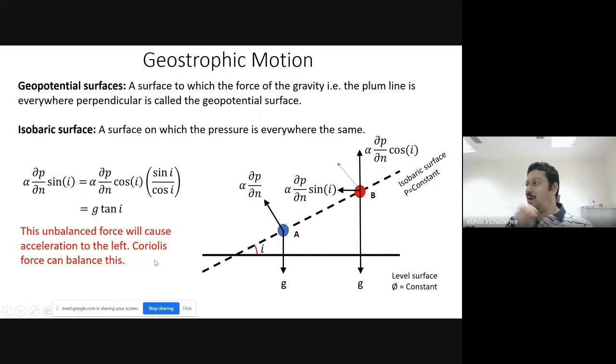And there is only one force available to us that can balance this, that is the Coriolis force. If the Coriolis force balances it, then we know the Coriolis force: f u is equal to G tan I. And this is our geostrophic balance.